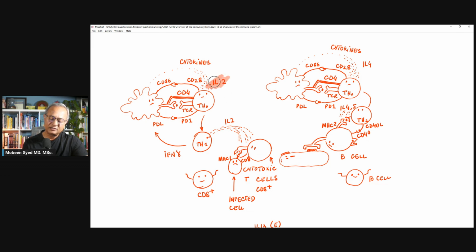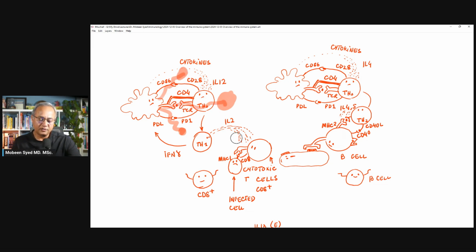Where does the interleukin 12 come from? This dendritic cell or a macrophage can actually release interleukin 12 in the synapse. That interleukin 12 would bathe one side of the cell. Wherever the interleukin 12 is coming from, that side of the cell will become bathed. Now, please remember, there may be other T helper 0 cells here as well who would accidentally become exposed to the interleukin 12.